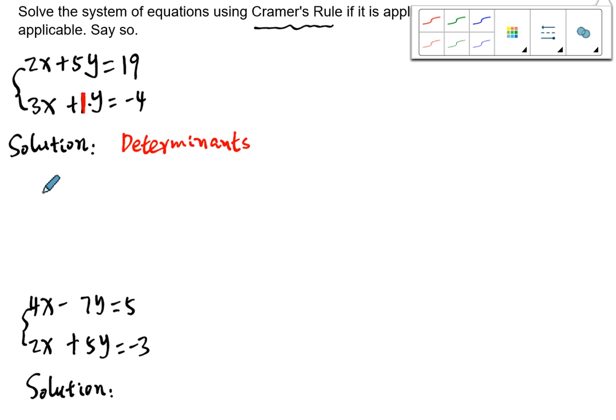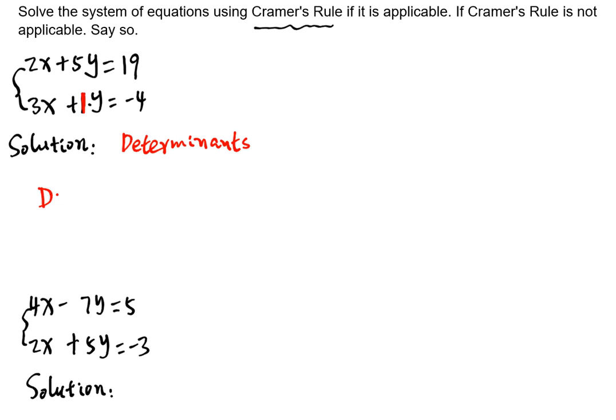First, we need to find D. This one is 2, 5, 3, 1, from here. And this is called the coefficient matrix.